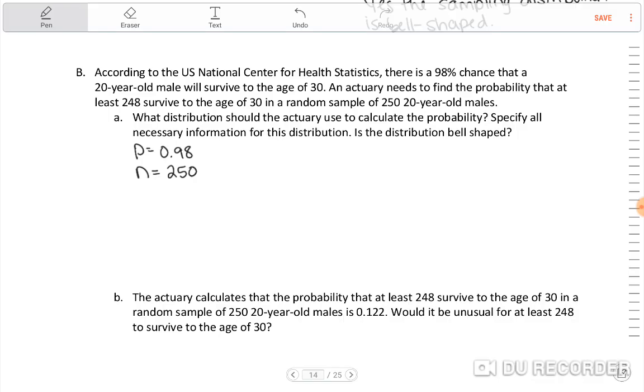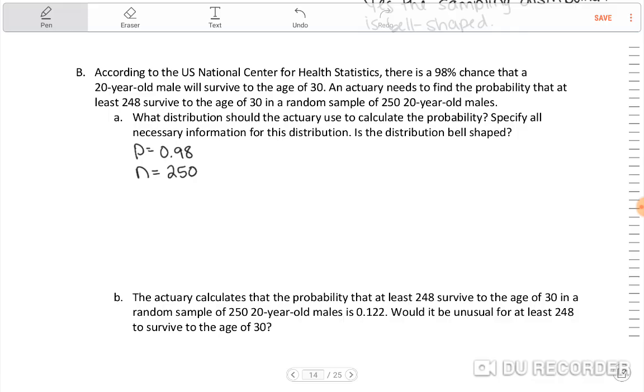So surviving, we've got two possible outcomes. You either survive or you don't, right? I have a fixed number of trials because I have 250 people. So independent. So my N, 250, if I divide that by 0.05, let's see here, 250 divided by 0.05, 5,000. I would say that's less than the population of all 30-year-old males. I'm sorry, 20-year-old males.